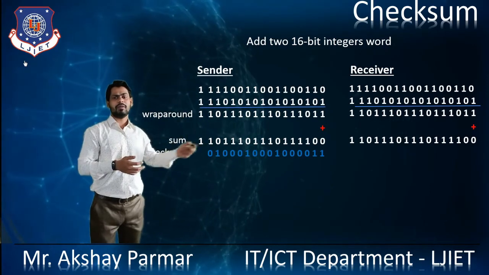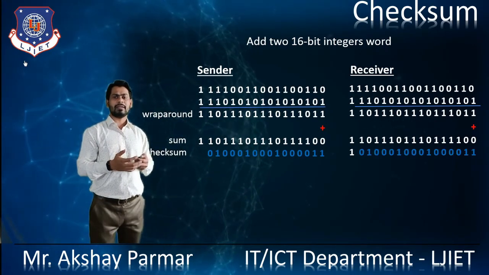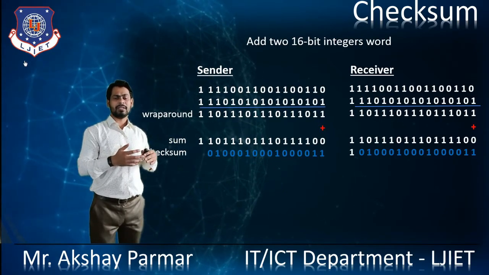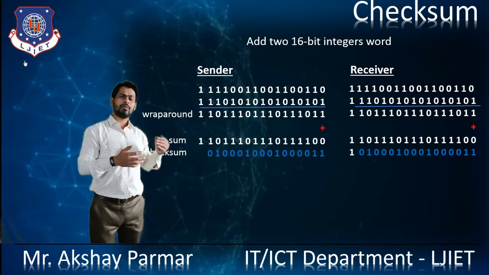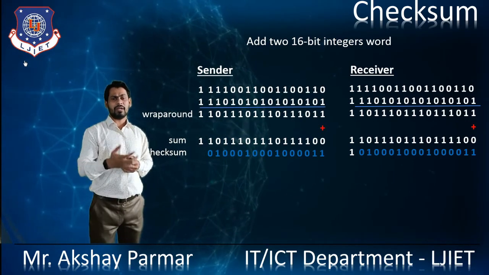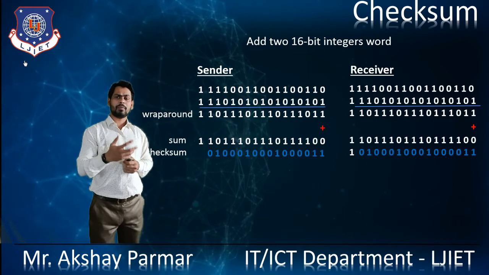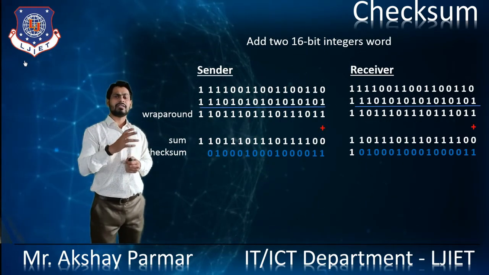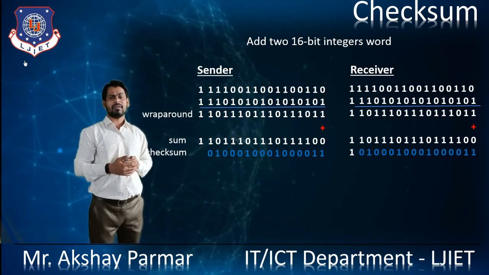So the received sum plus our checksum: if we add them and the whole sequence has only 1 bits, then we can say that no error was encountered, our data is pure, and the same data the sender sent is received at the receiver end.